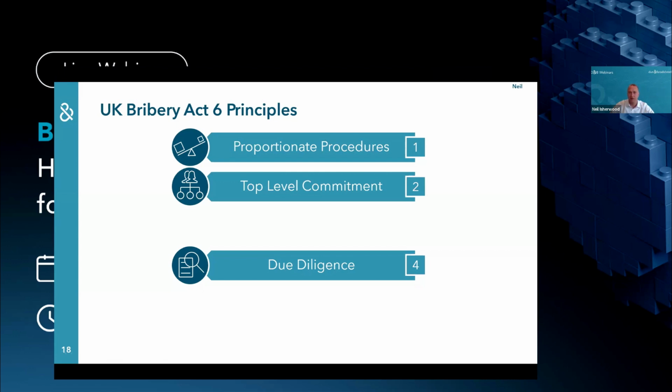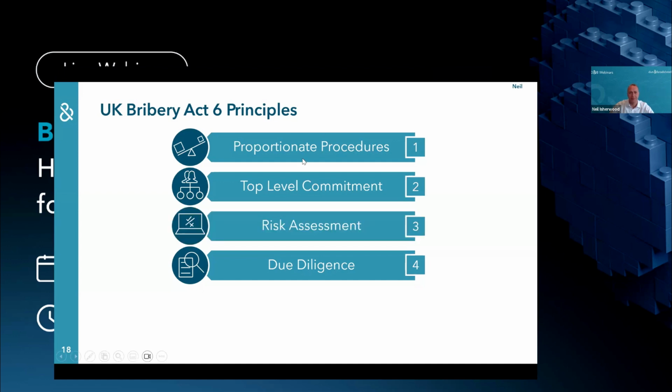It's about top level commitment. It really says that the senior management of an organization, whether that be the board of directors or the owners, have to be committed to preventing bribery or any of the other risks that have been identified, and that they need to foster a culture within the organization where bribery or other risks are not acceptable.